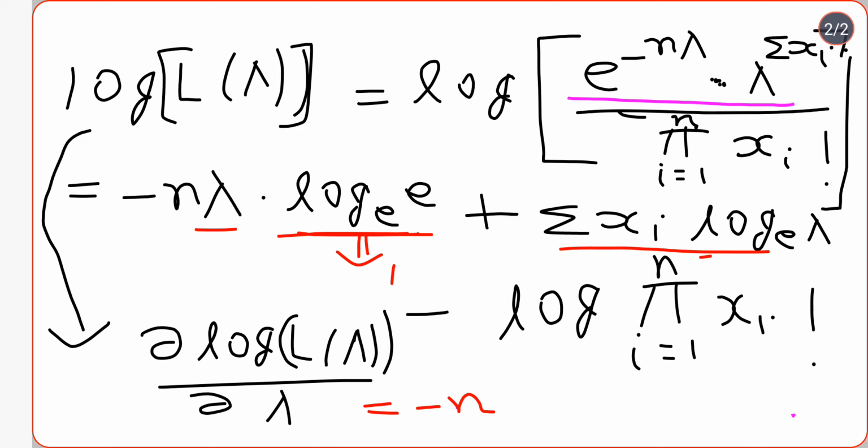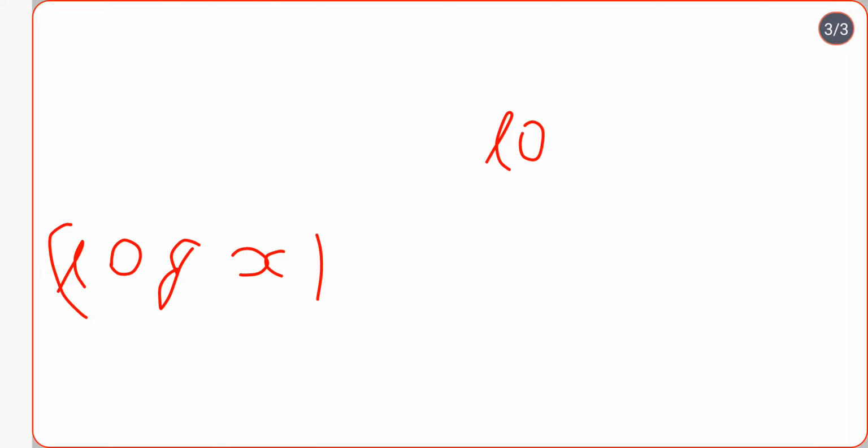And from this portion, if we do the derivative of log e base lambda, then summation xi will be treated as a constant, and it will be kept outside of the logarithmic transformation and from the derivative as well. We will do the derivative of only this log e base lambda. Now we all know that if we do the derivative of log x with respect to x, then what will we get?